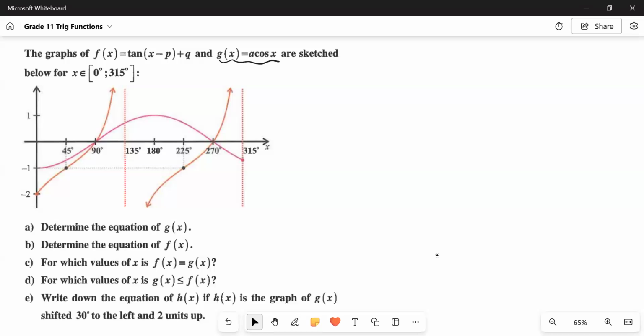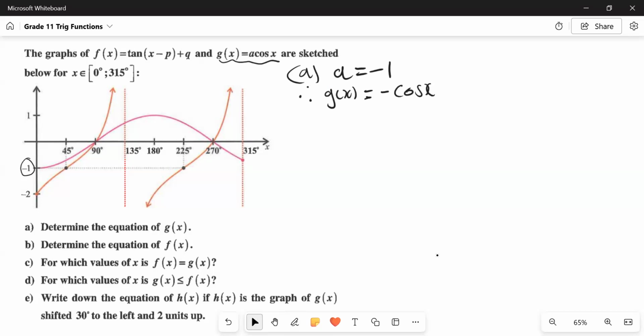So the value of A would be -1. So A equals -1. Therefore, the graph of g of x would be minus cos x. So this is the equation.